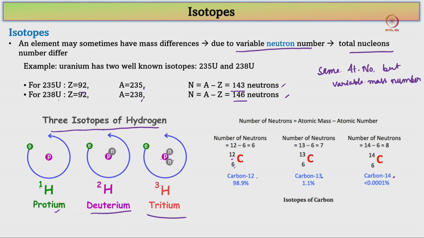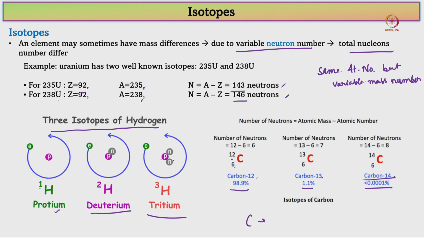The natural abundance of carbon 12 is 98.9%, carbon 13 is 1.1%, and only 0.0001% is carbon 14.